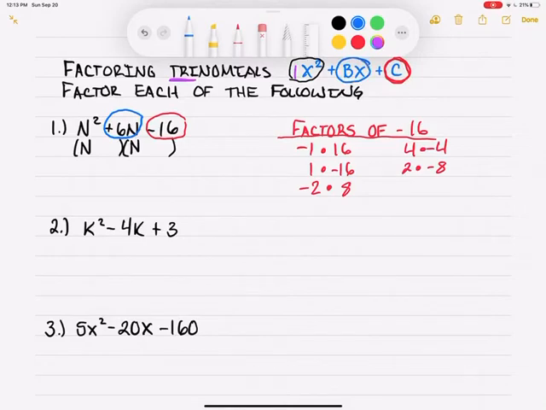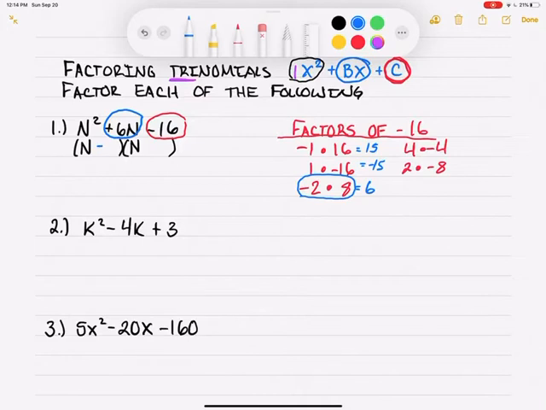If I look at all of these pairs and I add them up, this is 15, this is negative 15, negative 2 plus 8 is going to be positive 6. So I know that this pair multiplies to be negative 16 and adds to be positive 6. So these are the two numbers that I'm going to place into my binomials.